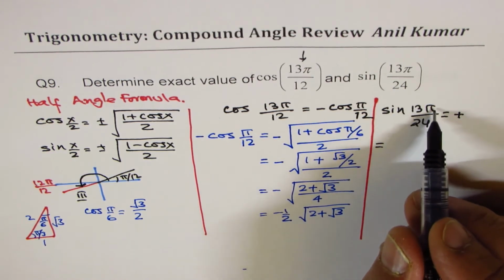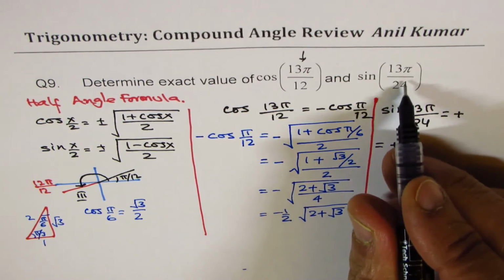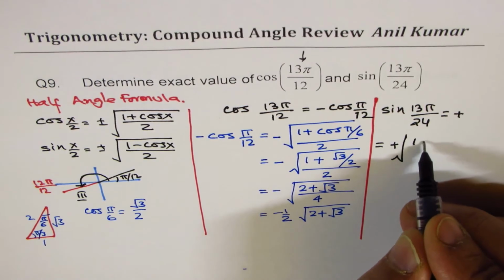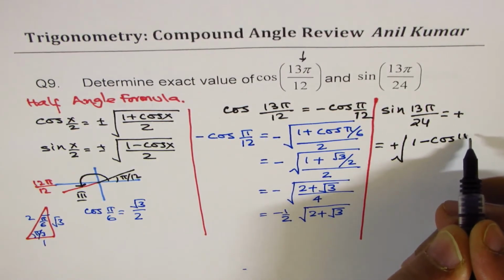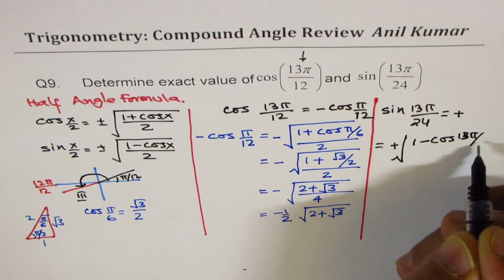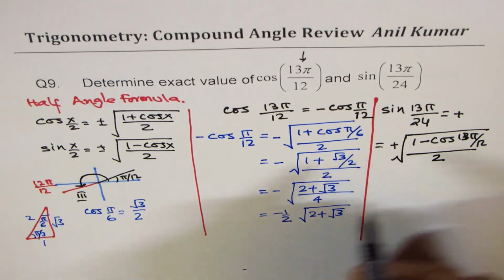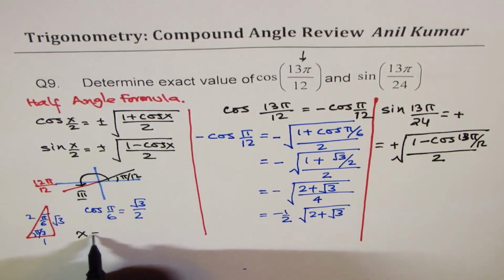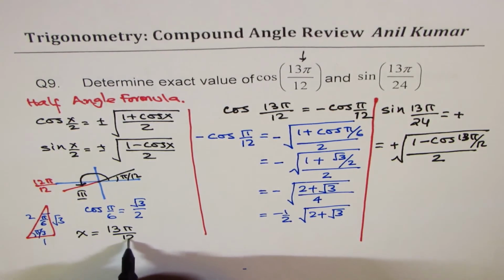So sine 13 pi by 24 will be equal to plus, because we are in quadrant 1, square root of, we are going to use this formula, 1 minus cos 13 pi by 12 over 2.